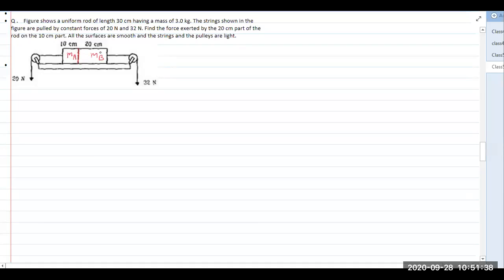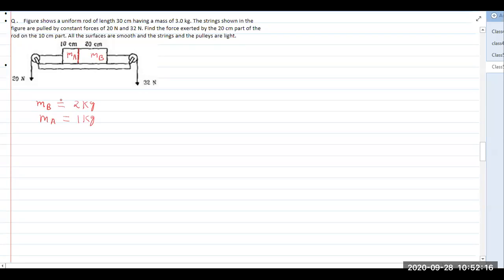Since the whole is 3 kg, 1 kg will come in the 10 centimeter part and 2 kg in the 20 centimeter part, because the part in B is double the part in A. So MB is 2 kg and MA is 1 kg. The mass will be proportional to length. That's why it is there.